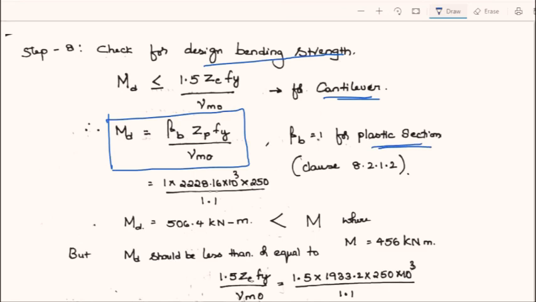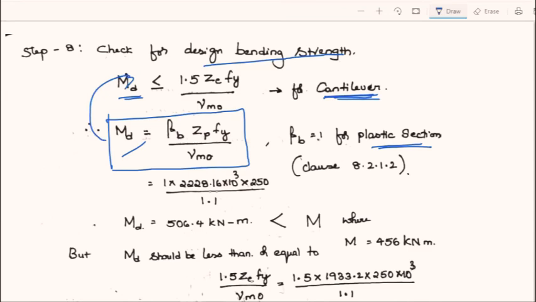And in case of cantilever beam, this MD should be less than or equal to 1.5 times ZD Fy by gamma m0. So first calculate MD and then compare it with this first condition.